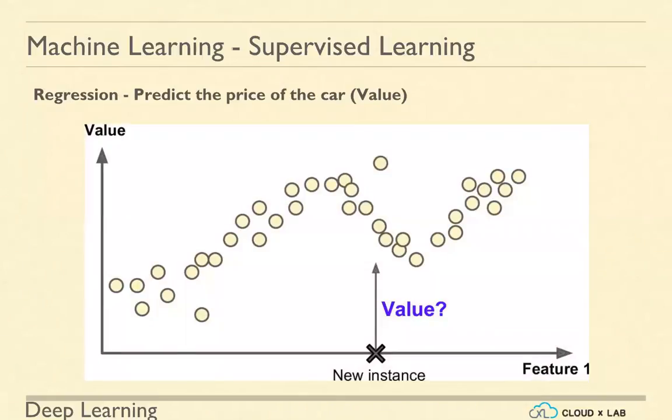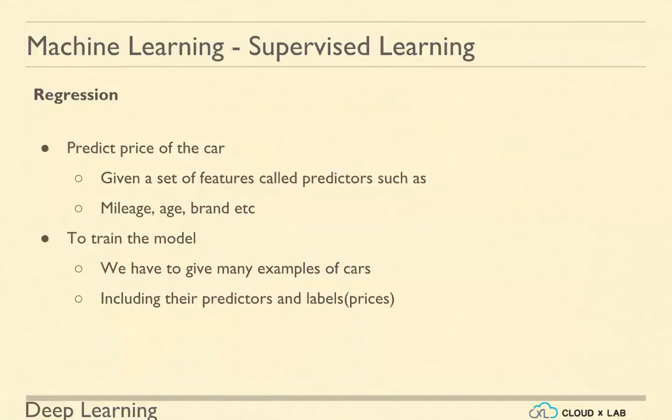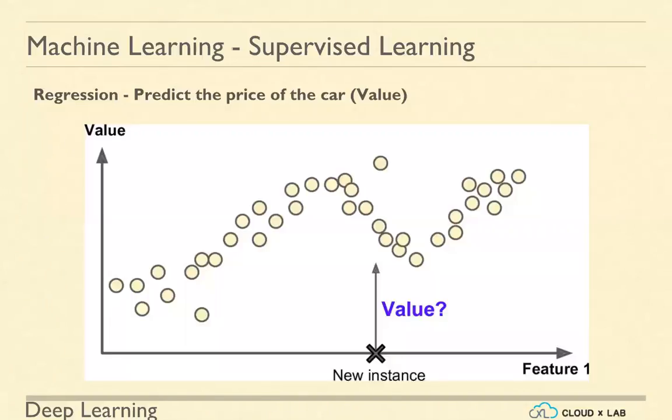As opposed to a discrete label, we are predicting a decimal value or a number. Say, for example, we want to predict the price of a car based on the features of the car. Then we call it regression.